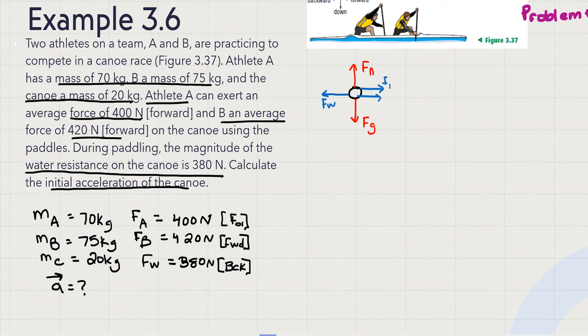You have FA, and I'm going to put FB on top because it's slightly longer. I'm going to start by saying that this is negative 380 newtons because we know it's in the reverse direction. So, if I want to find my F net in my horizontal direction, because we know that it's going to equal 0 in the vertical direction, because these guys are going to essentially equal each other, but the negative version of it.